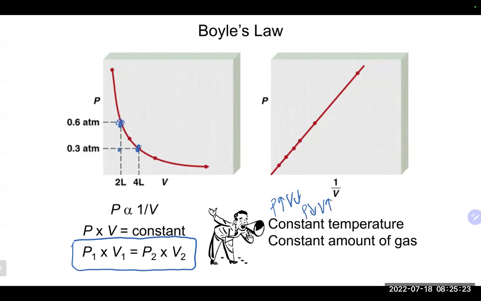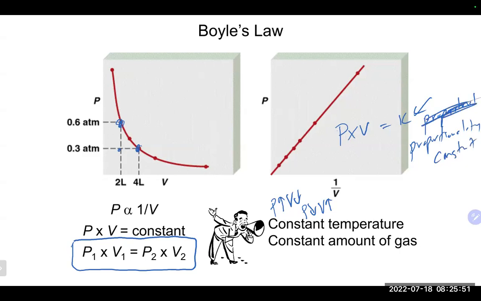Now, in a Boyle's law situation, if you keep the temperature constant, you could take any pressure and volume measurement that you make, and the product will always equal what is sometimes referred to as the proportionality constant, which is basically a constant number.